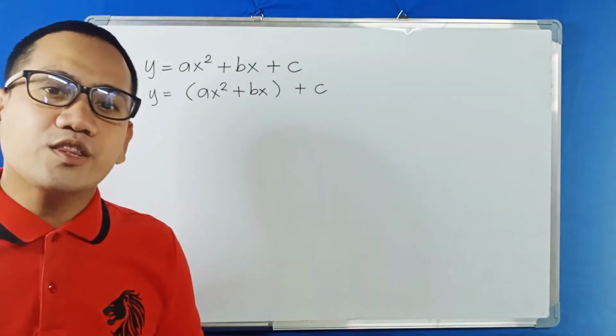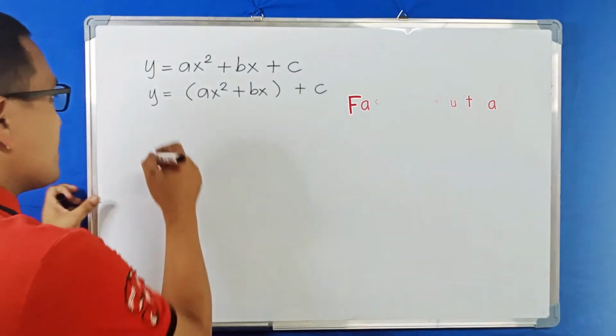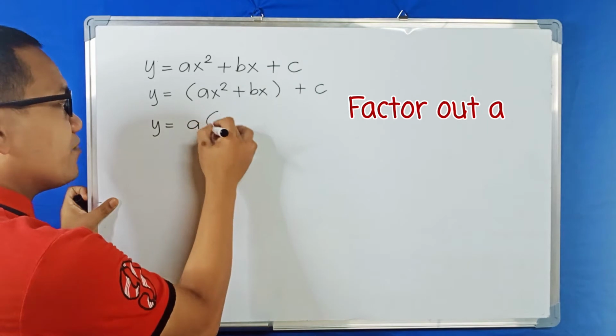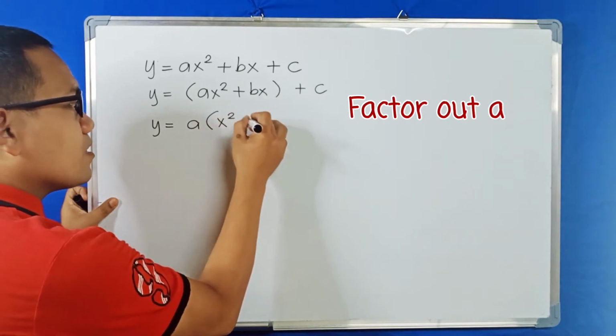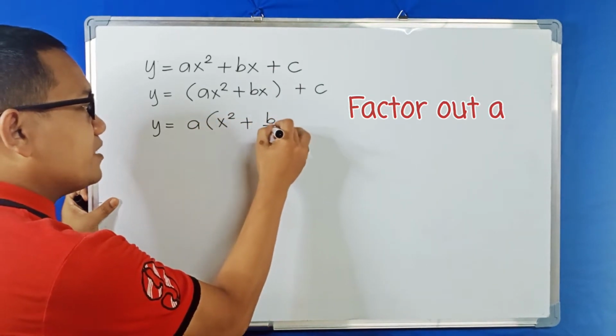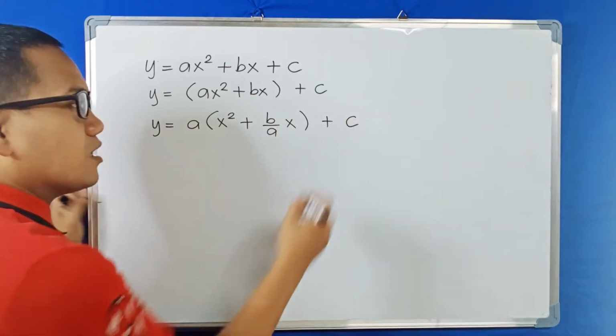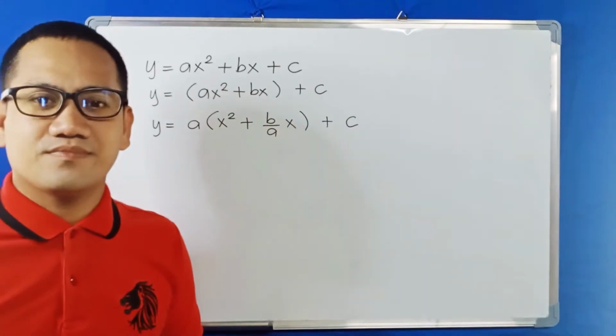Then, we will factor out a. So we will have y = a(x² + (b/a)x), and again copy the constant c.